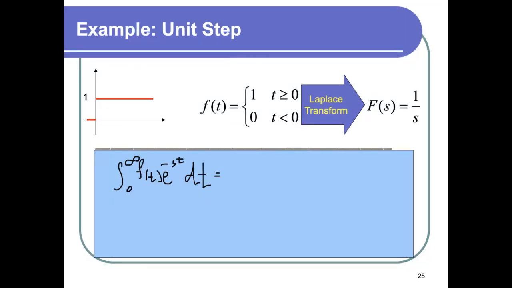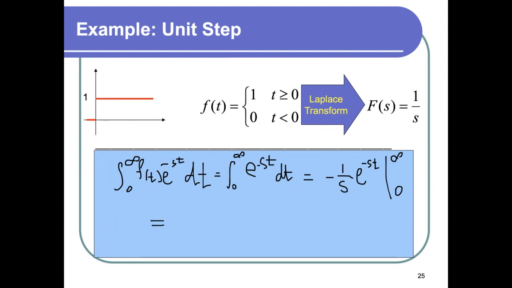So f of t is just 1, and we're going from 0 to infinity. So it's basically the integral from 0 to infinity of e to the power of minus st dt. That is simply minus 1 over s times e to the power of minus st, and then you evaluate t at infinity and 0.